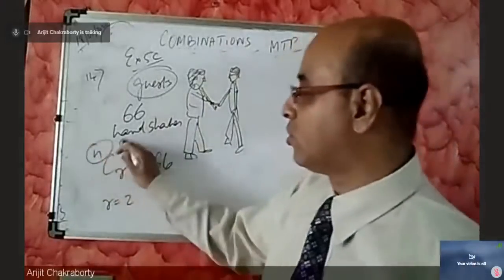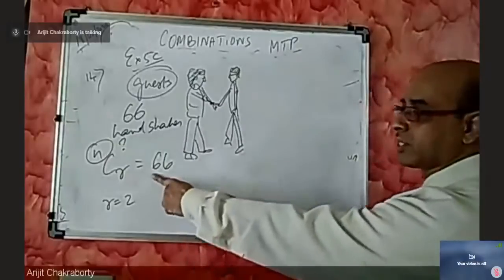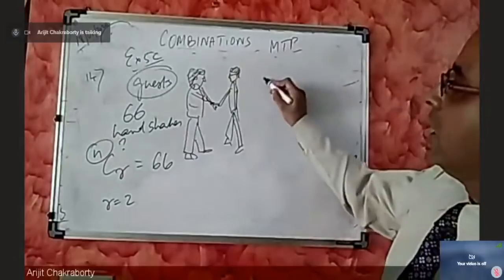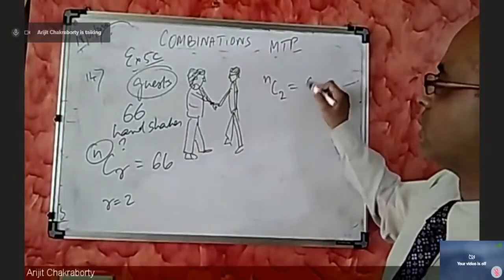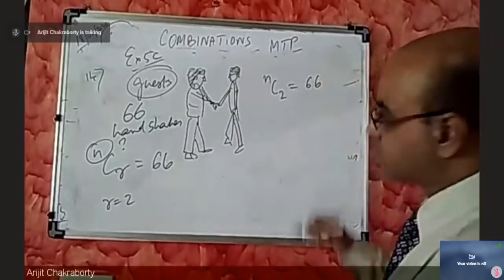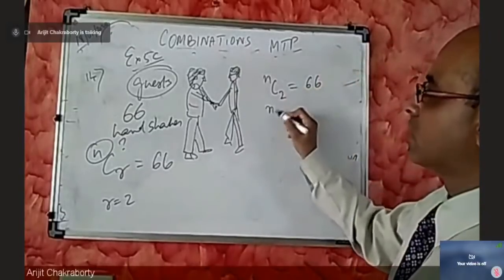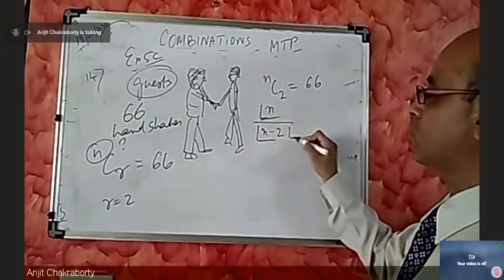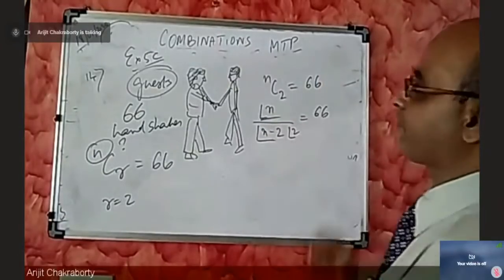We don't know n, but we know the number of handshakes is 66 and r is 2. So let's put this formula here. nC2 is equal to 66, which means nC2 is n factorial divided by (n minus 2) factorial into 2 factorial, equal to 66.